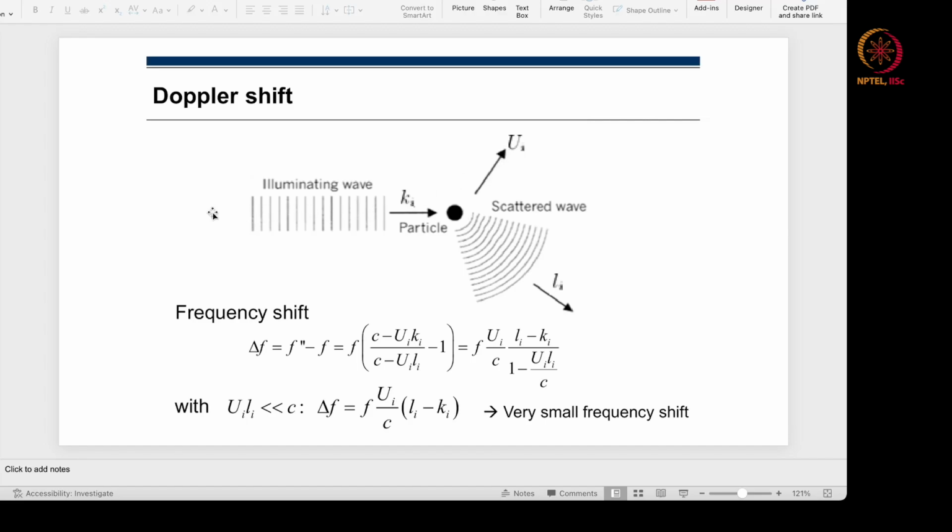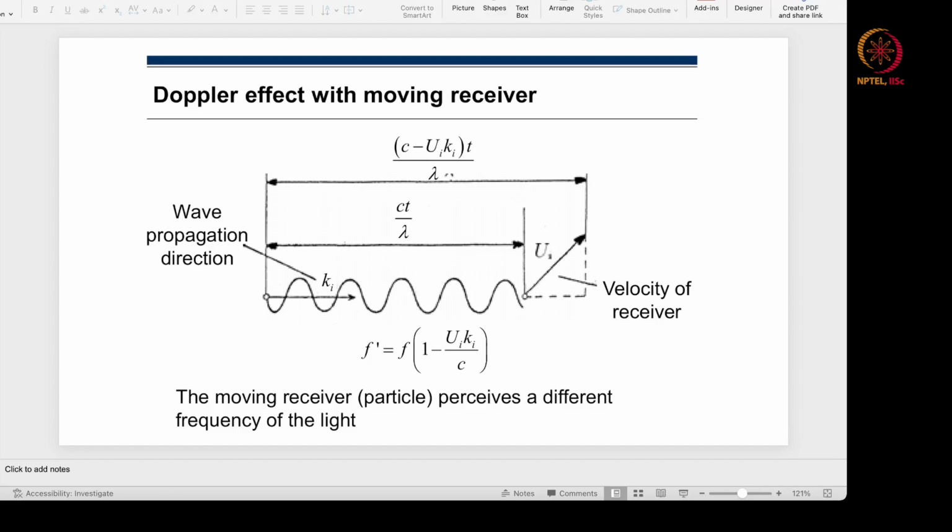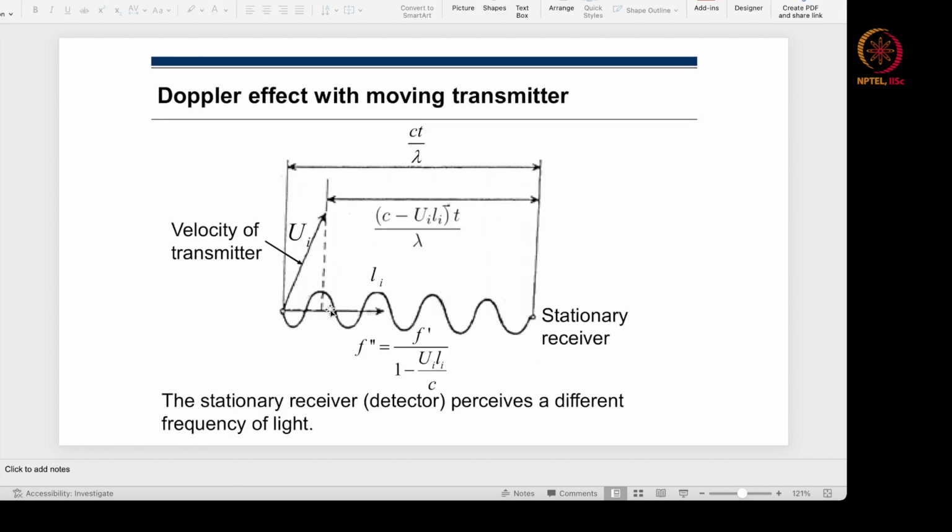In this case, you can see there is a stationary transmitter and a moving receiver. For the screen, which is stationed here and is going to collect this scattered wave, you have a moving transmitter and a stationary receiver. So this part of the case corresponds to this: you have a stationary receiver, and this is the scattered light coming out of the particle, which is moving at a velocity u.